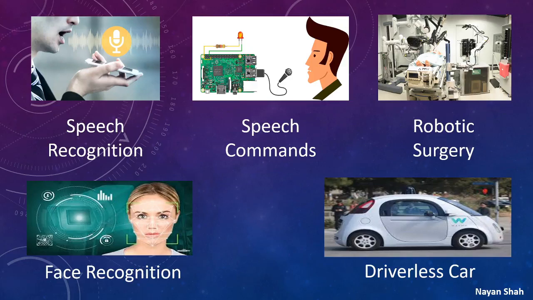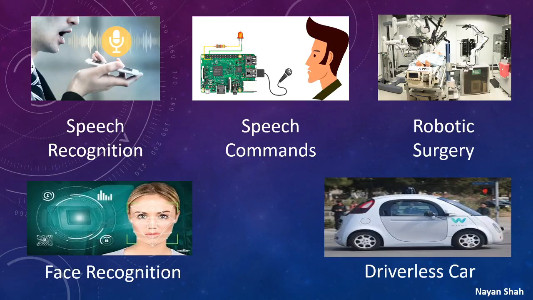Robotic surgery, on the right hand side you can see the surgery is automatically done by robots and no doctors are there, but that robotic surgery requires face recognition and voice recognition devices along with artificial intelligence. Face recognition, as you can see down, again you would have seen that you unlock your mobile by your face recognition. So that is also one example of face recognition devices.